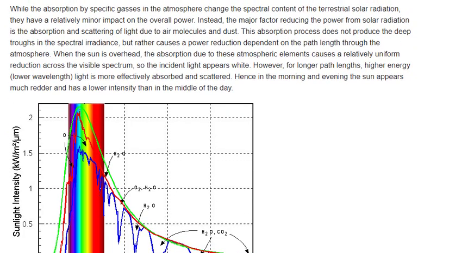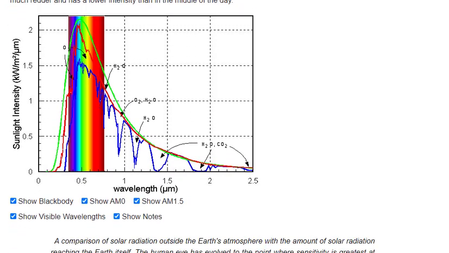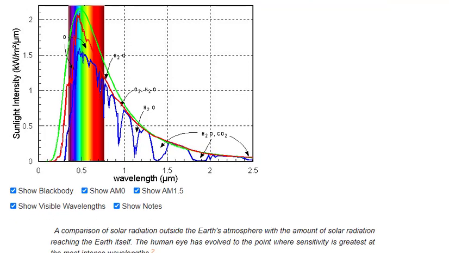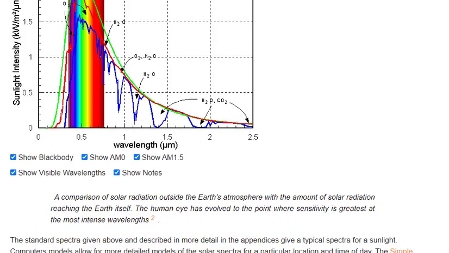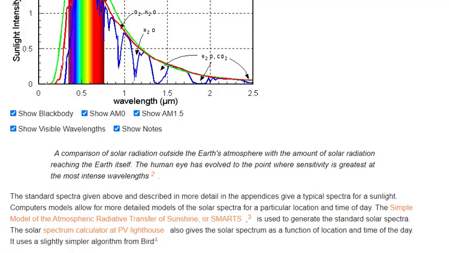This absorption yields deep troughs in the spectral radiation curve. For example, much of the far infrared light above 2 micrometers is absorbed by water vapor and carbon dioxide. Similarly, most of the ultraviolet light below 0.3 micrometers is absorbed by ozone, but not enough to completely prevent sunburn.